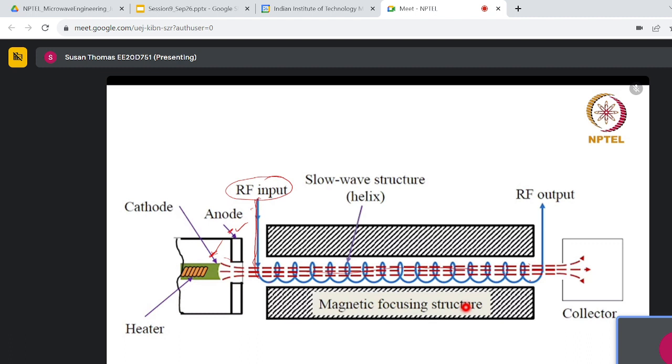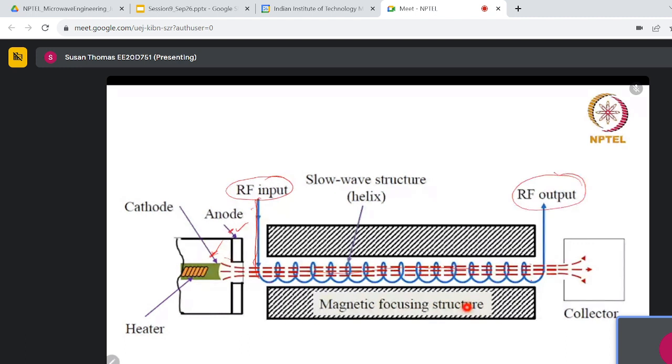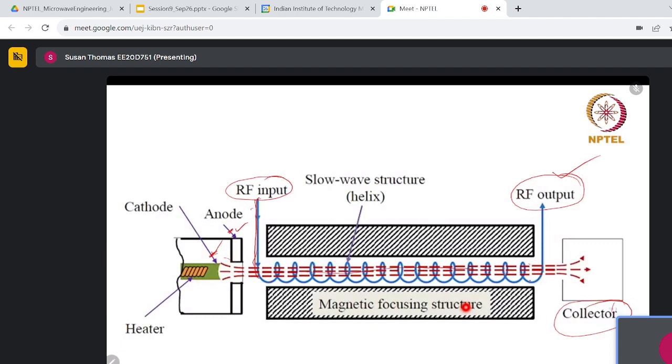Finally you take out the RF output here, and this is the collector which will collect the electrons which are slowed down. Again, this concept of amplification is same. As you know, the energy gained is converted to kinetic energy, and it is being converted to the RF output amplification.